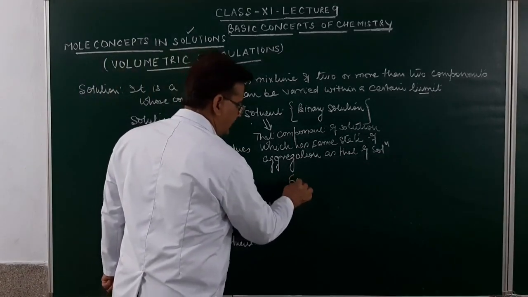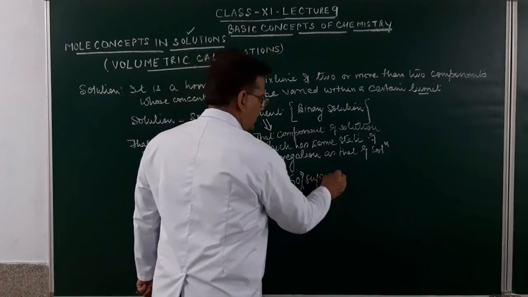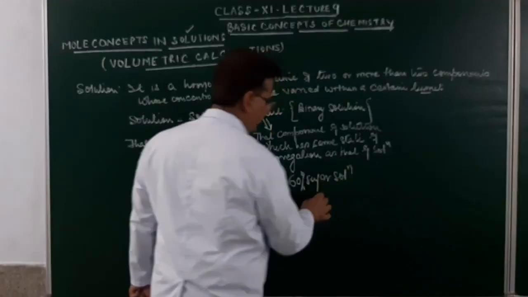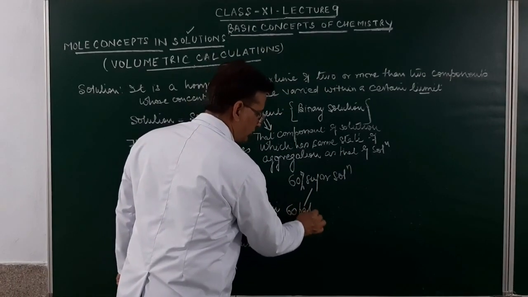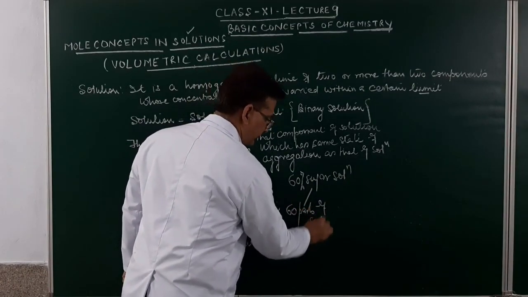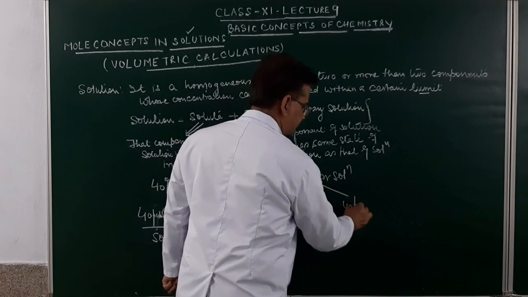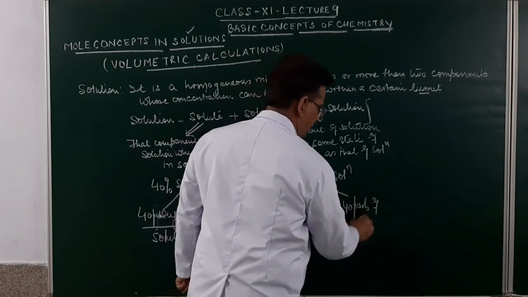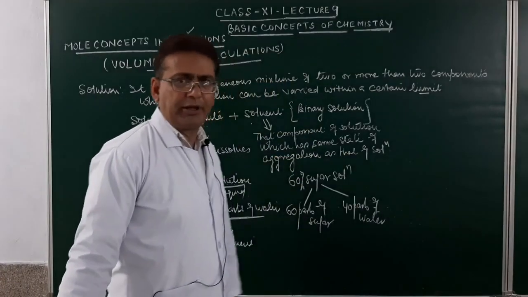If I say a 60% sugar solution, it will have 60 parts of sugar and 40 parts of water. Is it clear or not?